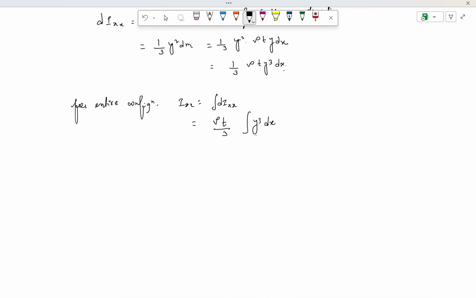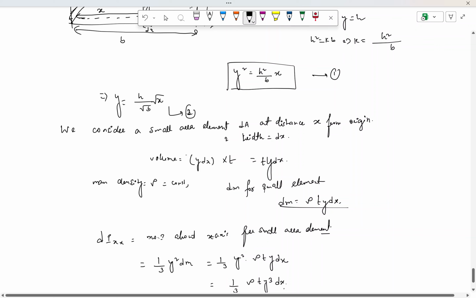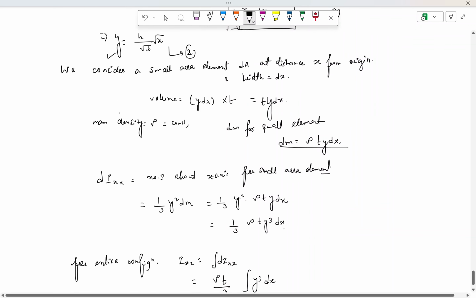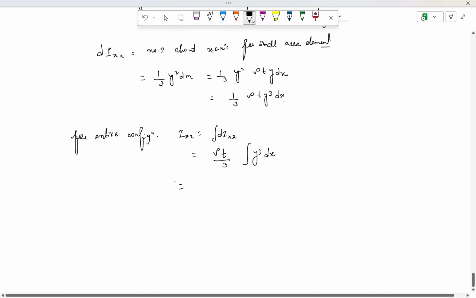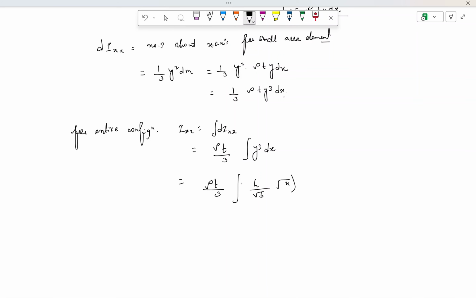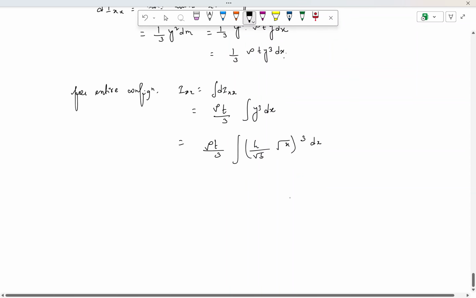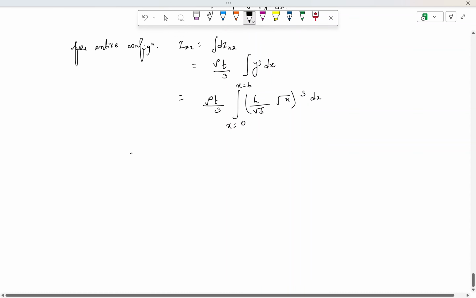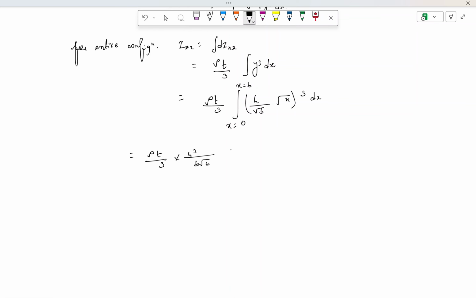Now y you can express in terms of x, that is h by root b root x. And the limit of x, that is the integral limit, is from x equal to 0 to x equal to b. This gives rho t by 3 h cube b root b.